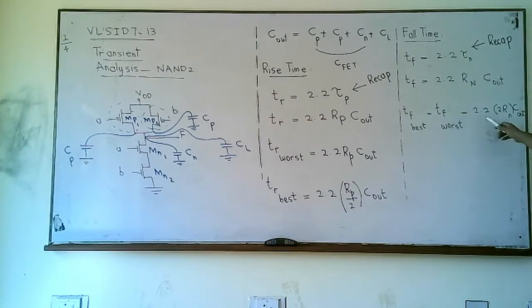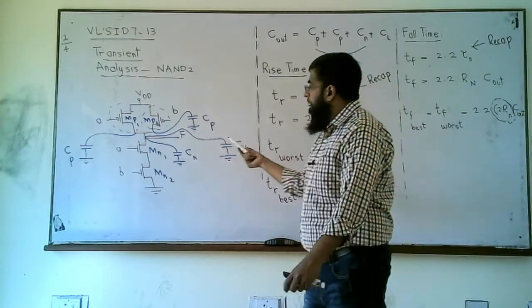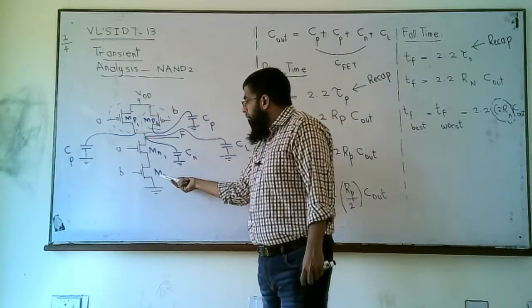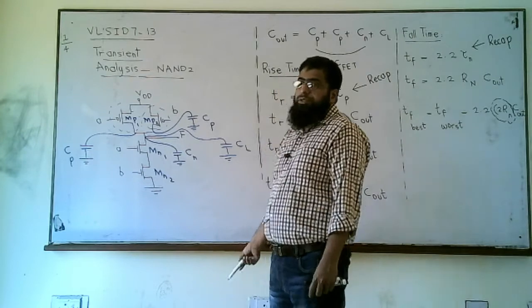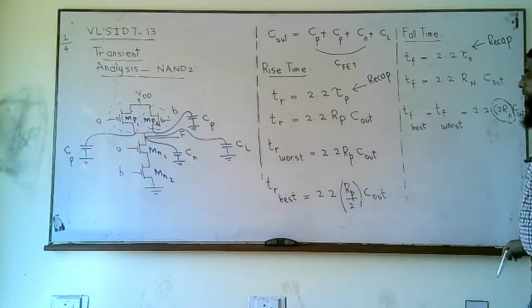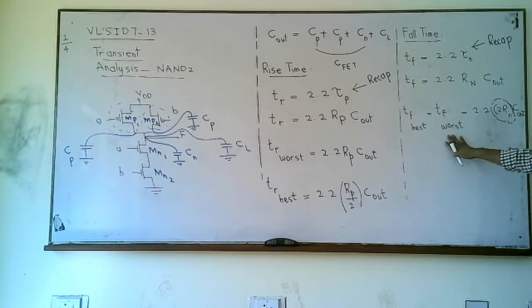So therefore it is 2.2 times 2 Rn times Cout, because this array is on only when both these transistors are on. And if they both are on, there will be two transistors in series, the resistance will be doubled, 2 times Rn. So the best and the worst case time delays are equal in case of the fall time.